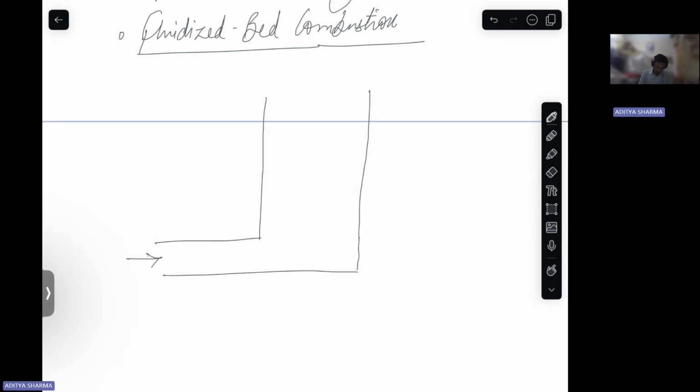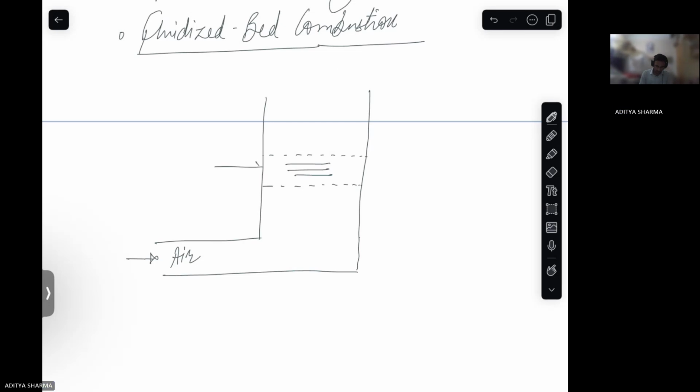So we have air entering from here, by means of some fan, right? Here is our bed, and then here are your tubes.